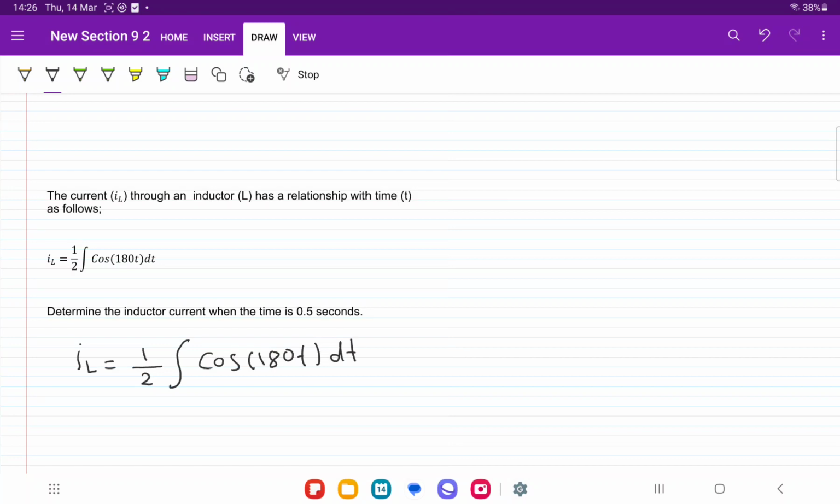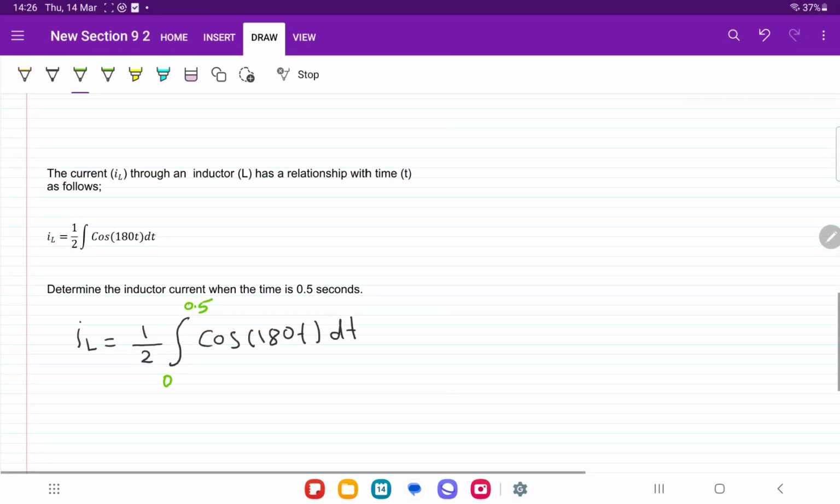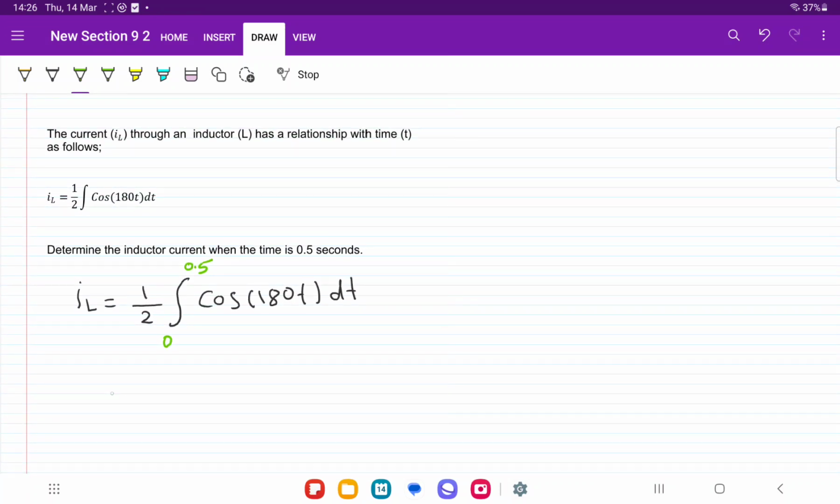There is one thing here we need to remember. When we have a number here, 0.5, that means you have an upper and lower limit. The upper limit is going to be 0.5 and the lower limit starts from 0 seconds. So we start integrating this function.